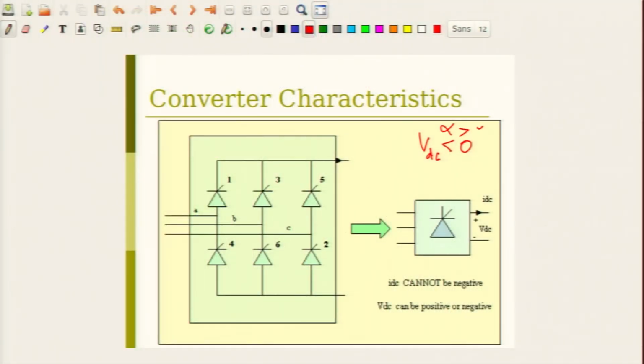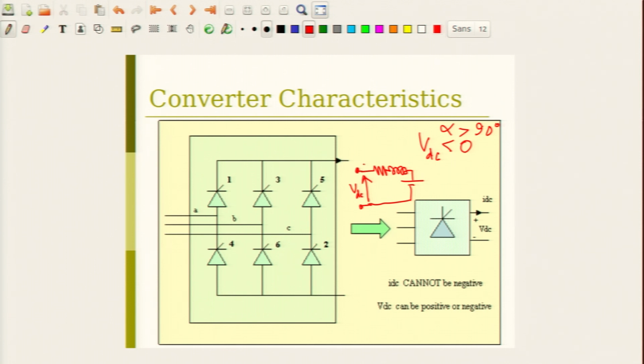Now, the question which arises is, if this VDC is negative, that is alpha greater than 90, can IDC be in this direction? For example, if you have an RL circuit and you apply VDC here, VDC is also called V0 in some of the earlier slides, so there has been a double notation here.